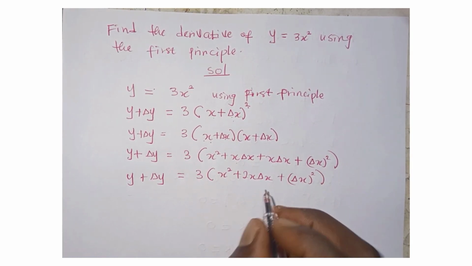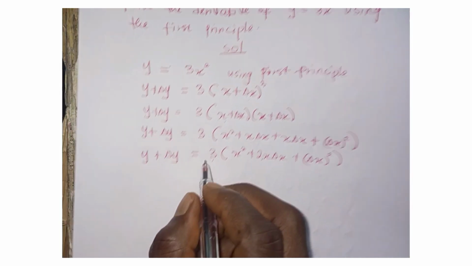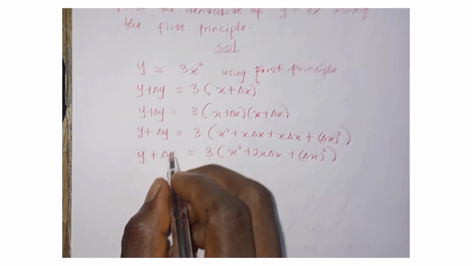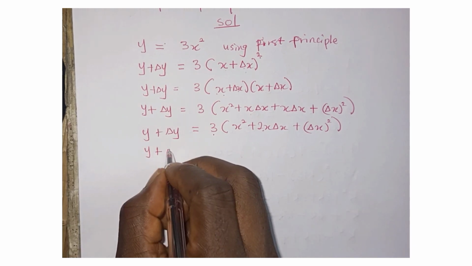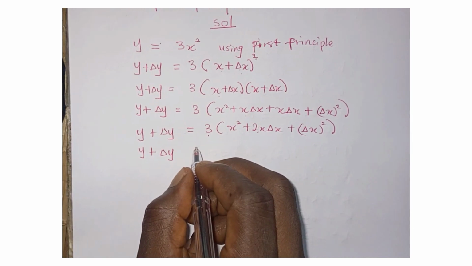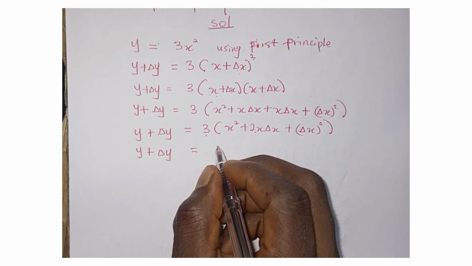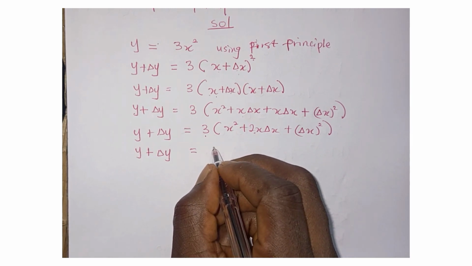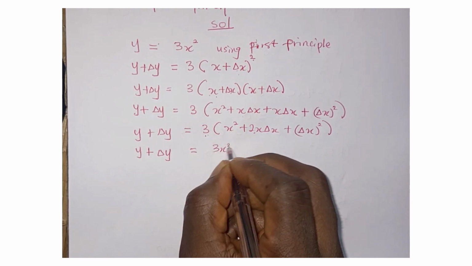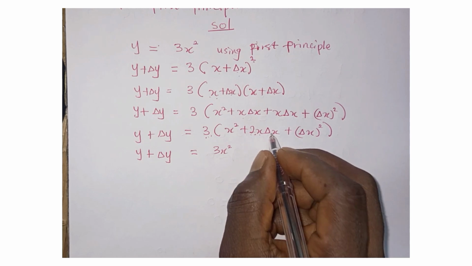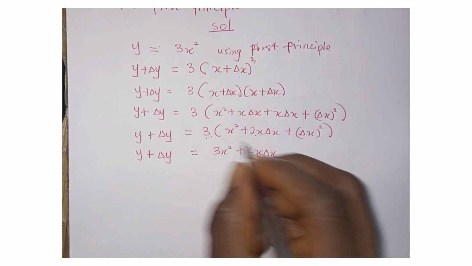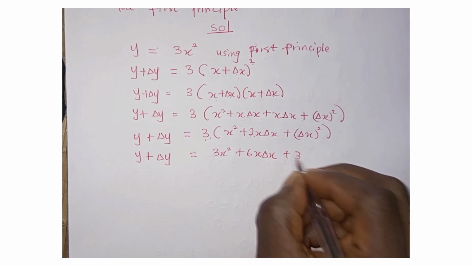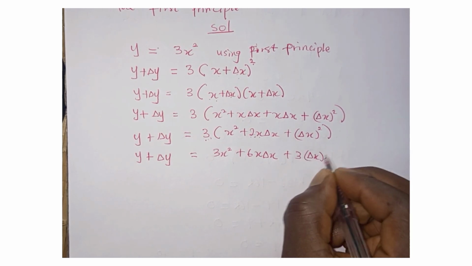They are close brackets. These 3 will now open the brackets. So I'll now say y plus change in y equal to 3 times x squared will give me 3x squared. 3 times 2x change in x will give me plus 6x change in x. 3 times this will give me plus 3 change in x all squared.